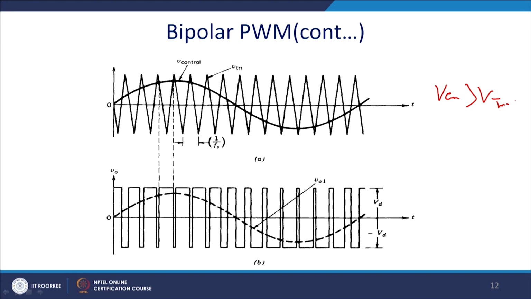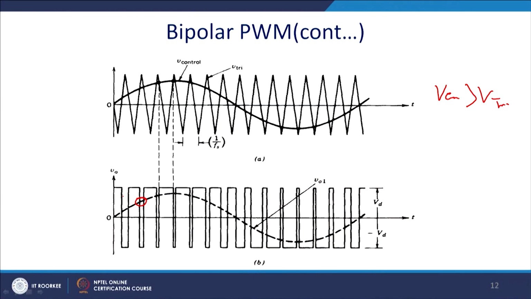But one of the biggest disadvantages of this bipolar PWM is its high harmonic content. For this reason, take this region into account, and this region as well. You can see you are applying a voltage of minus VDC or VDC by 2, depending on the topology, where you get a huge instantaneous voltage error.